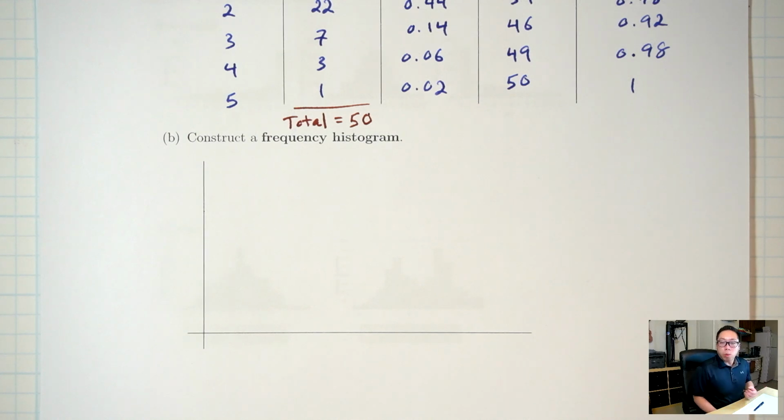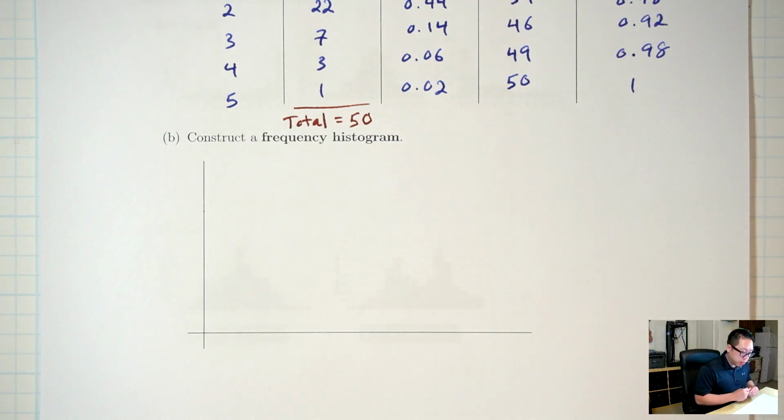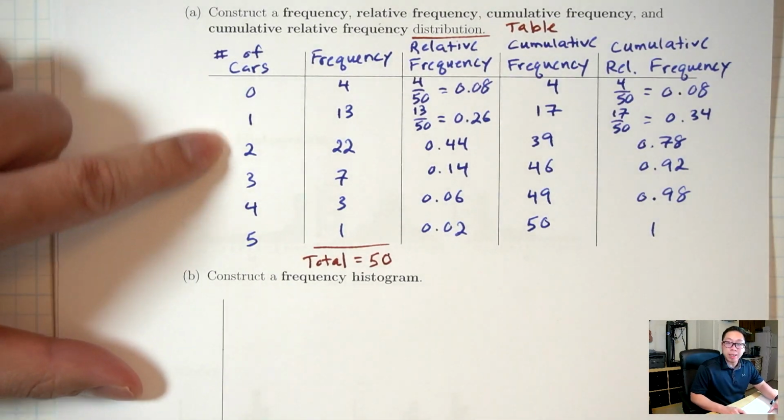Okay, now that we've organized the data using a table or a distribution, we want to summarize it using a graph. So the main type of graph for quantitative data is going to be a histogram. To draw a histogram, on the x-axis, the horizontal one, I'm going to list out all my data values.